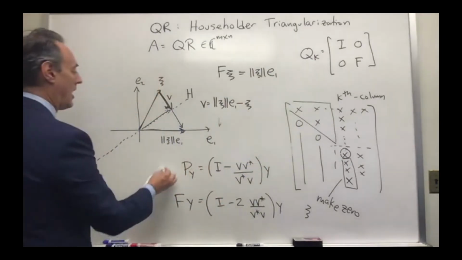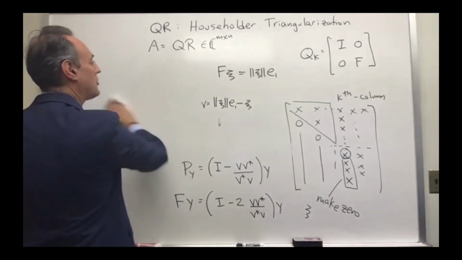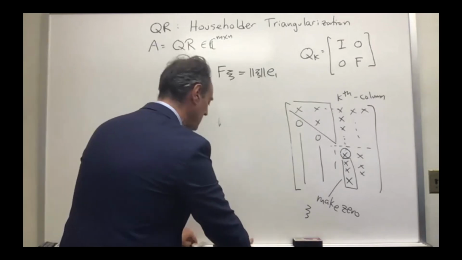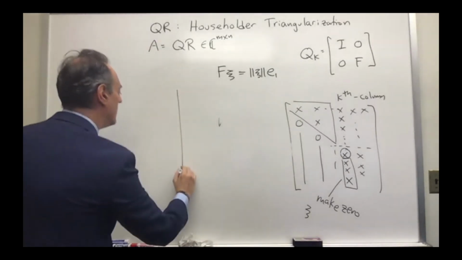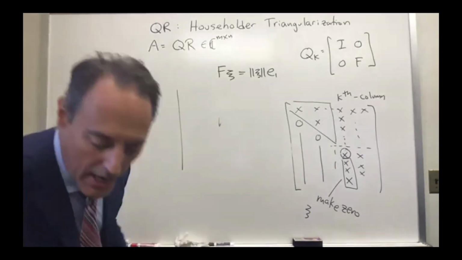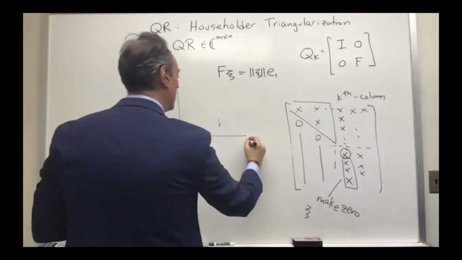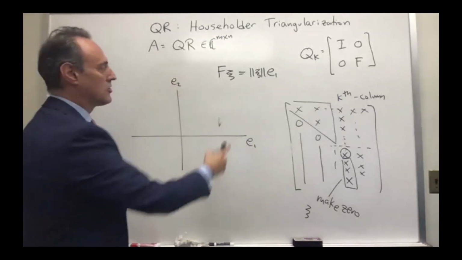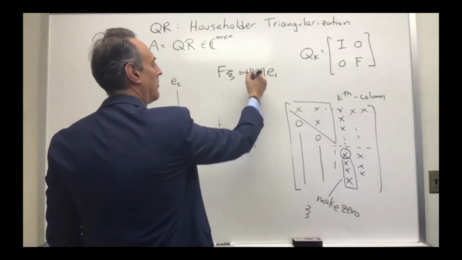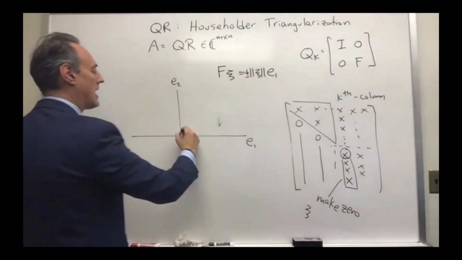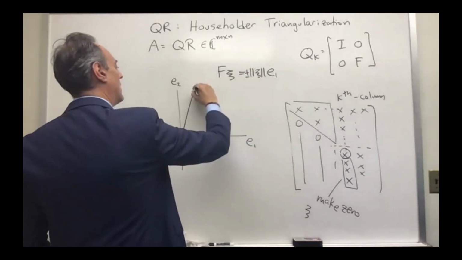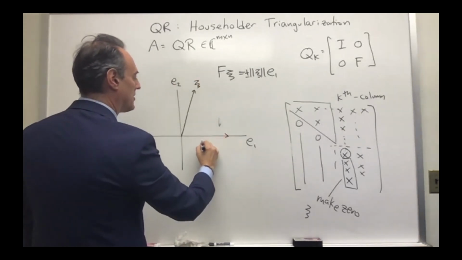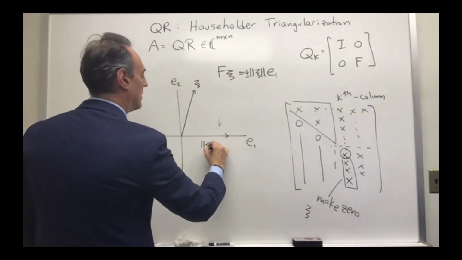Okay? But I also want to highlight one other issue in this, which is, when I do this, there's oftentimes the ability to, in fact, pick a sign. In other words, I could say, here's my vector C. And I could say, well, in this direction here, this is that.